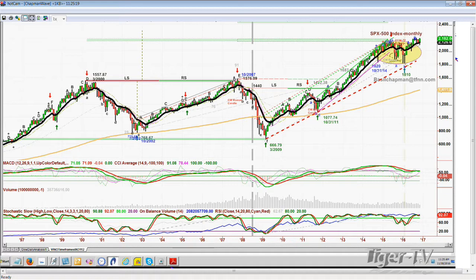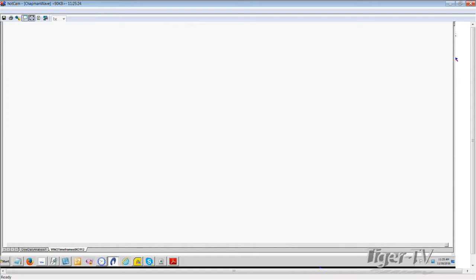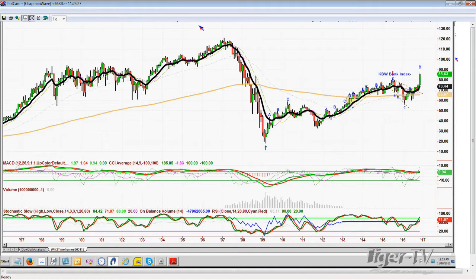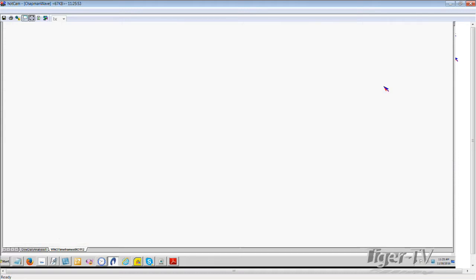The markets in 2007, and the BKX index, always the last to know about these things, went to February of 2007. No, it was the first to know about these things in this case. So we're going to be watching this because this is a tell on the market, I think. The fact that it's breaking out, there's no way I can call this a rogue wave G. It just doesn't have any of the characteristics. In the monthly, it looks like a B. Look at these monthly charts, the QQQ series. Look at that.